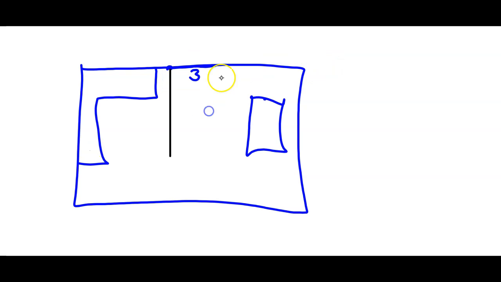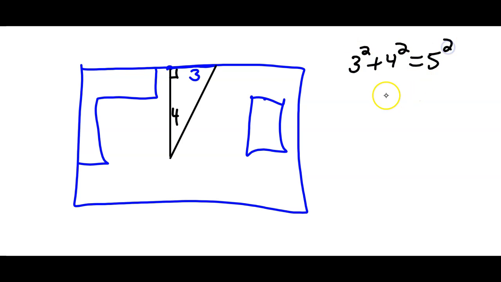So what I did was I had 4 feet right there. Let's go ahead and write that back in. Then I got a tape measure, and I made that tape measure come down like this from that 3 feet to the 4 feet. And I know that if this right here is a right angle, then that hypotenuse should be 3 squared plus 4 squared. It should equal 5 squared.